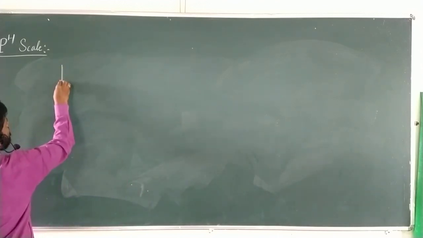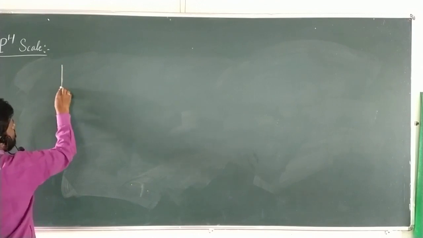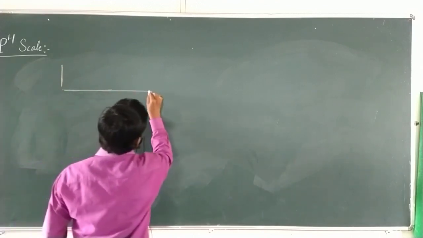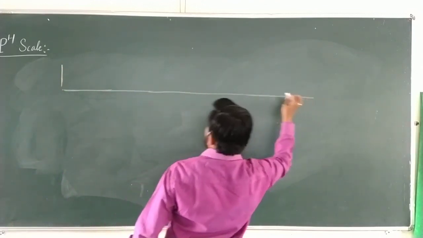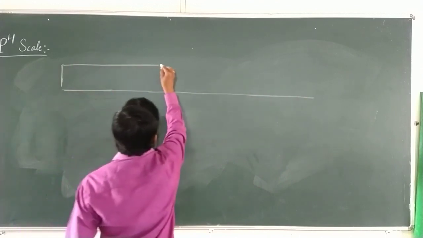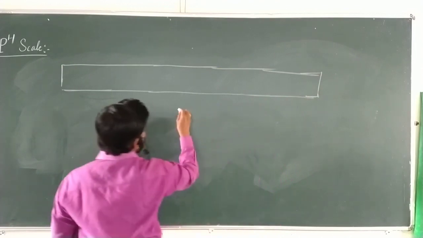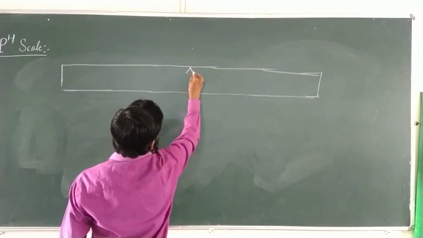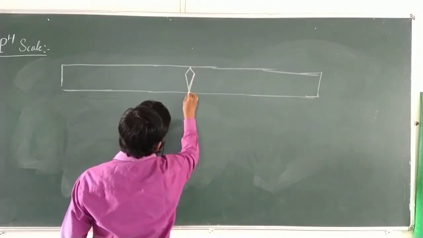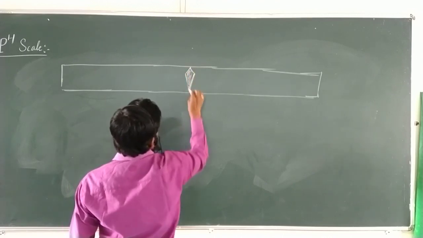Let's see. Consider a scale. Here it is neutral in nature. Let us consider 7.